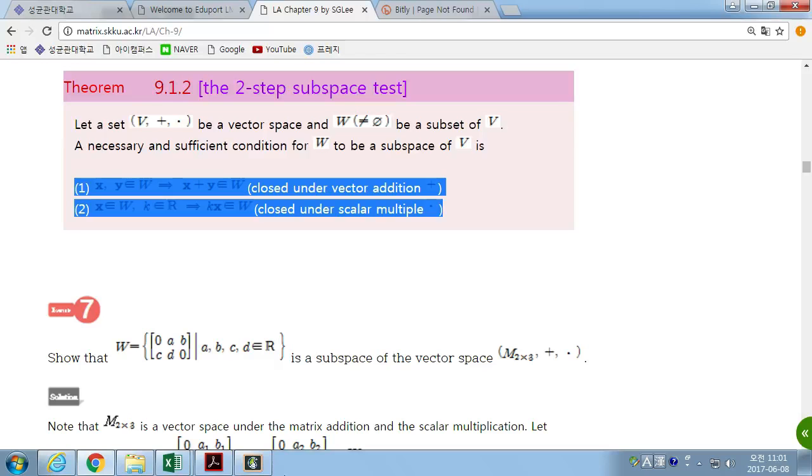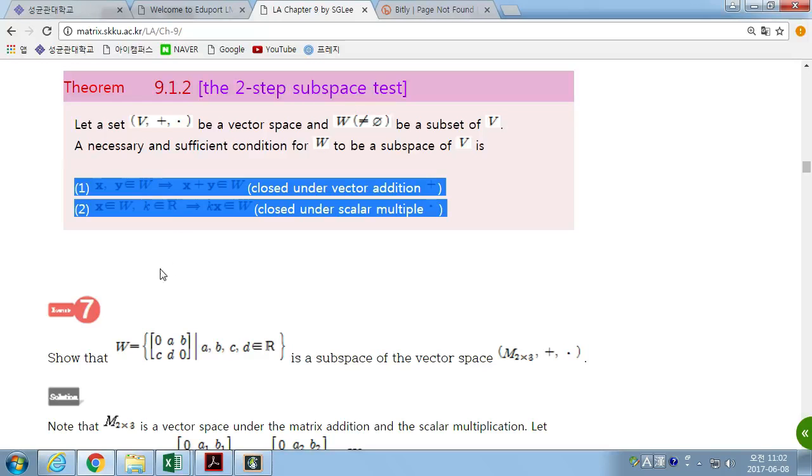Why? The other 8 properties hold for any element in V, so they should hold for any element in W, which is a subset of V. So if these two are satisfied, then clearly all the other 8 properties follow.